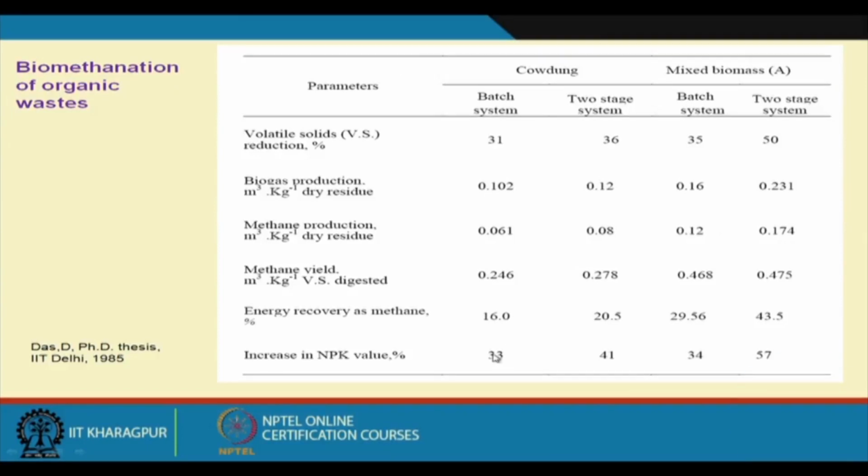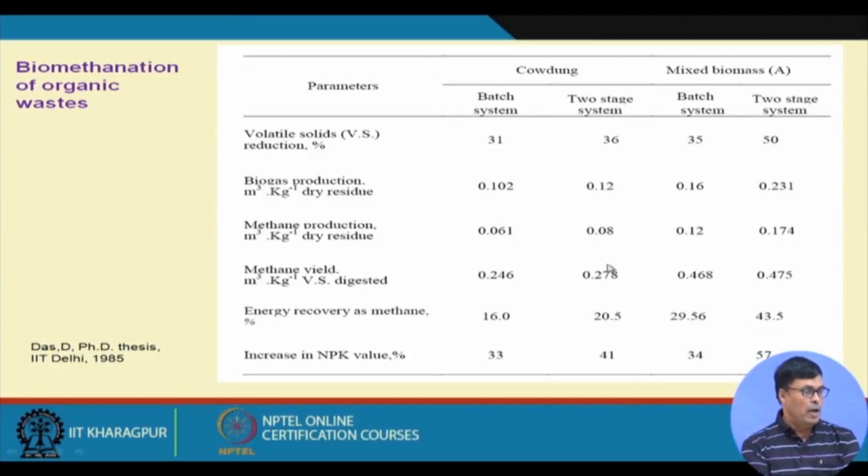Now, this is the kind of analysis, because I personally did some research work on that. I tried to find out how cow dung, the traditional substrate for the biomethanation process, can be comparable with that of mixed residue, because we have observed that in any kind of biochemical industry, when it depends on particular raw materials, even if the raw material is cheaper, after some time you will find the unavailability of these raw materials.